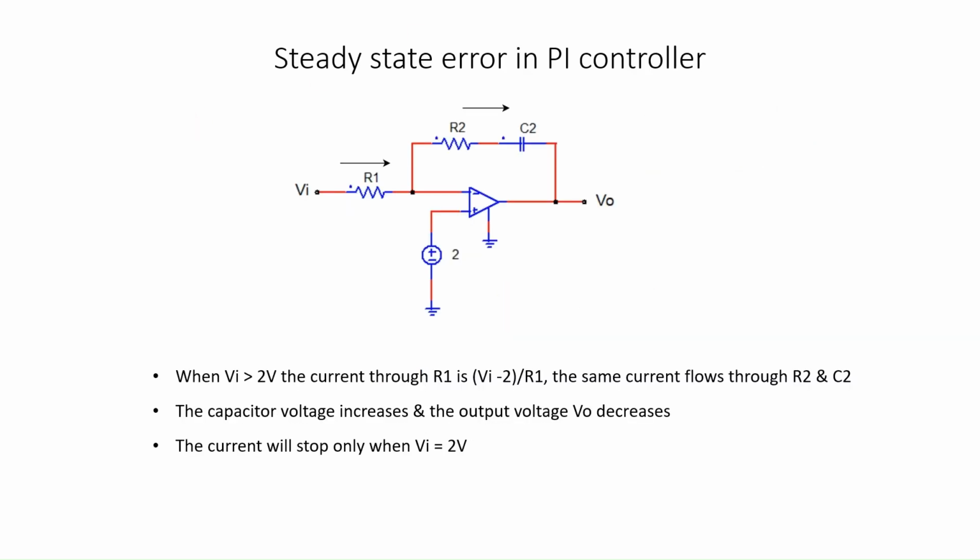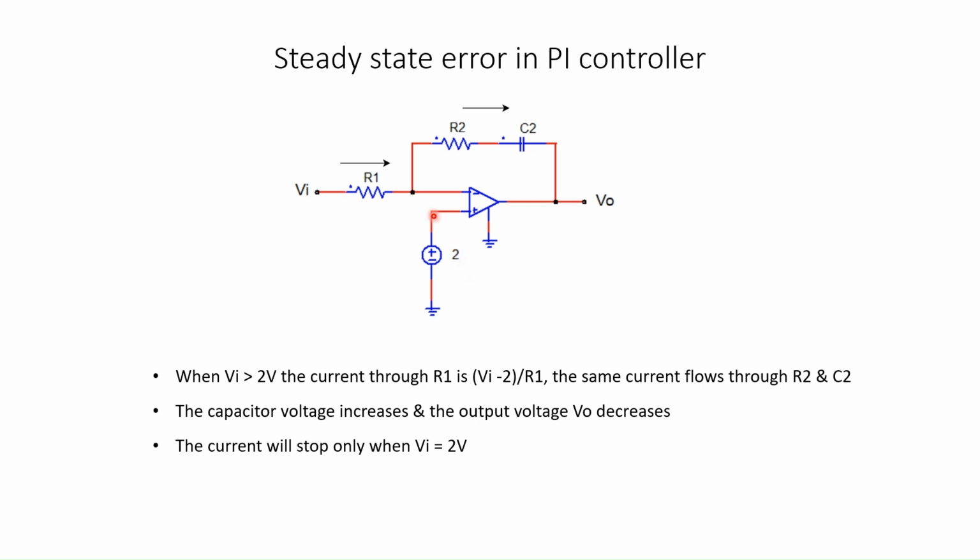The steady state error can better be explained in a PI controller. Here is an implementation of PI controller using an operational amplifier. At the positive terminal of the operational amplifier, we are applying 2 volts DC.